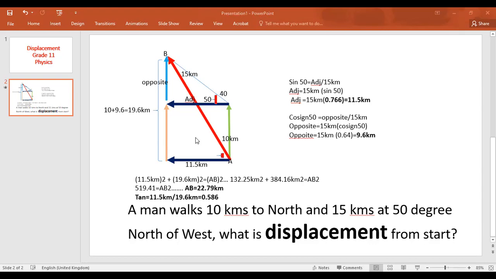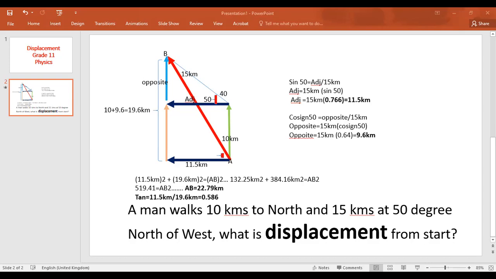What is the angle whose tangent value is 0.586?